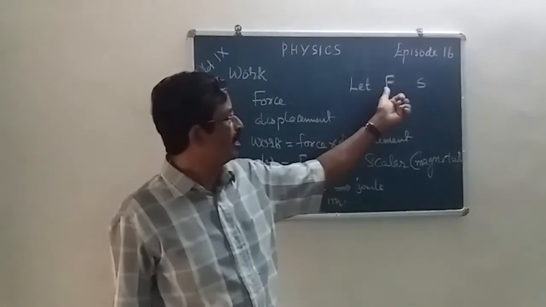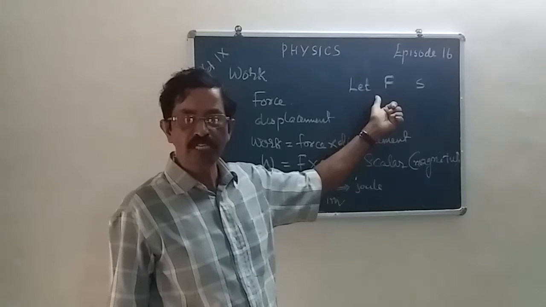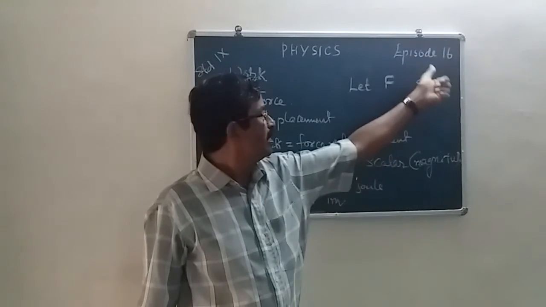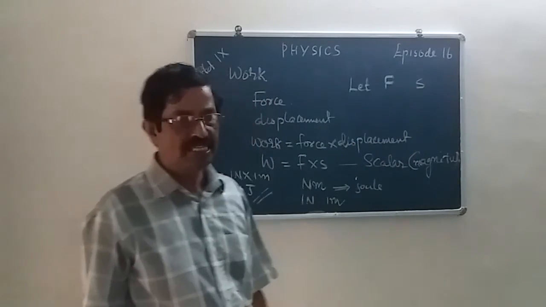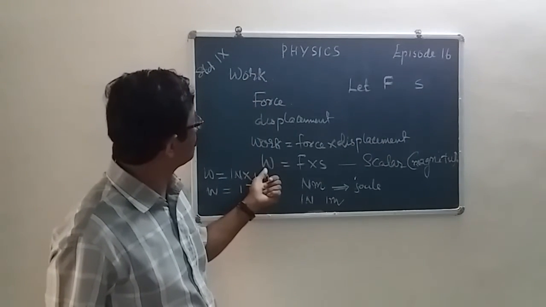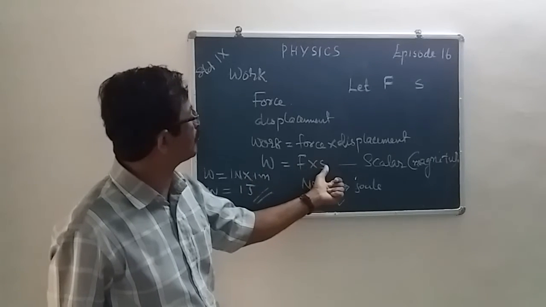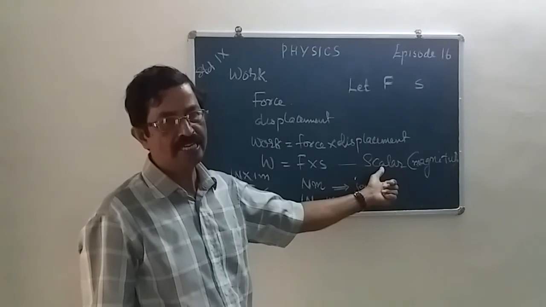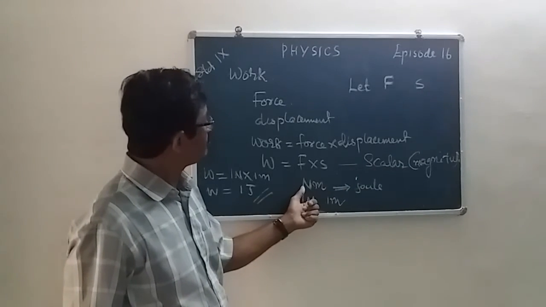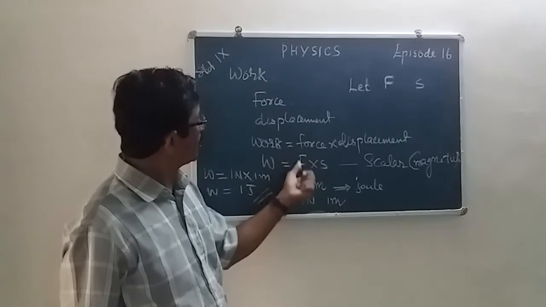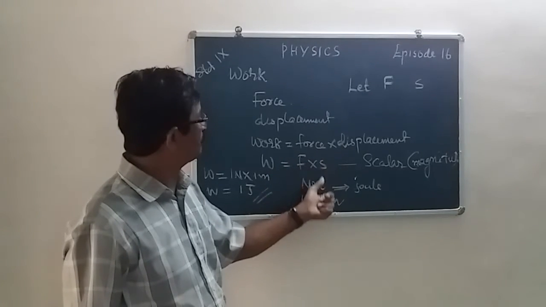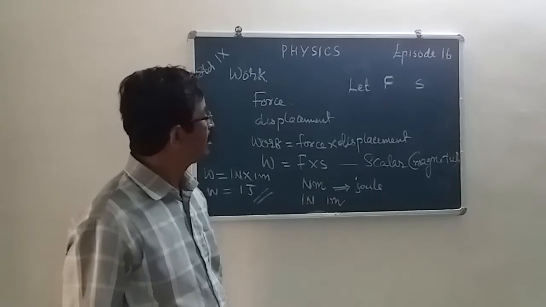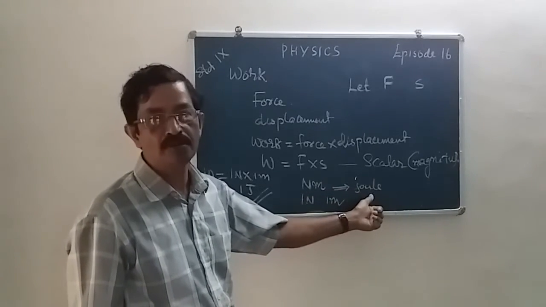Let a constant force F act on a body, and if it makes a displacement S, then work done by that force W is equal to F into S. This is a scalar quantity, and its unit is the unit of force times the unit of displacement. So it is Newton meter, and it is also called joule.